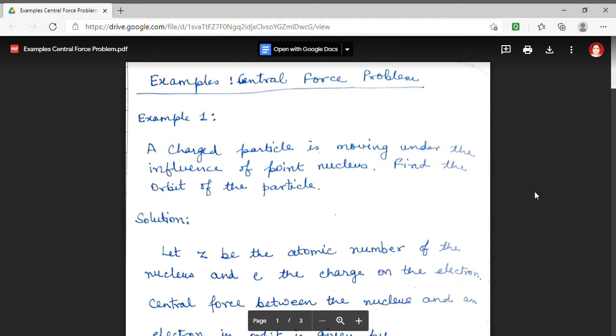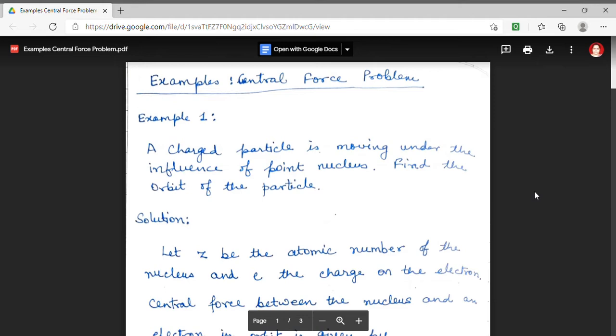Kepler stated that there are three laws. The first law states that planets move in ellipses with the sun at one of the foci. And the second law is dA by dt equal to constant. That is, the areas swept by the radius vector in equal times are equal. And the third law, T square is directly proportional to a cube.